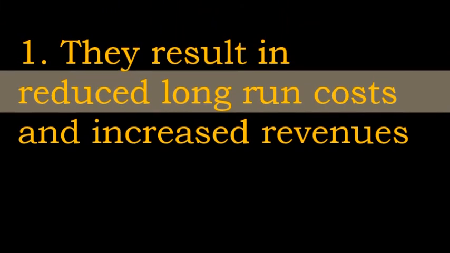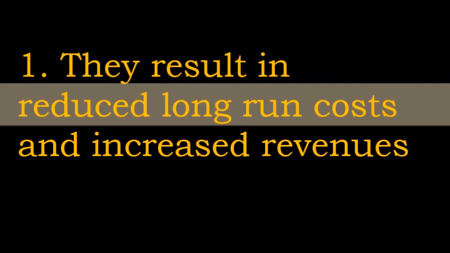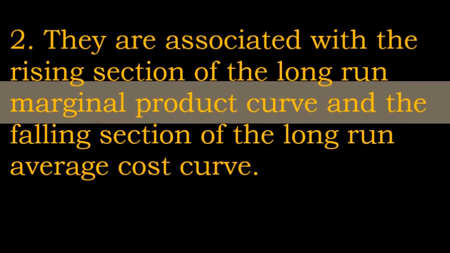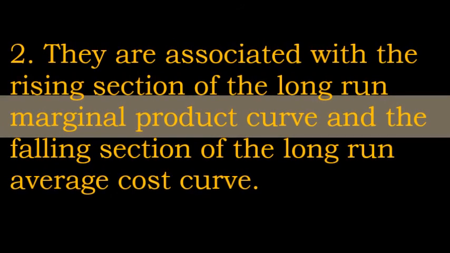They result in reduced long-run costs and increased revenue. That's 1. 2. Economies of scale are associated with the rising section of the long-run MP curve and the falling section of the long-run AC curve.